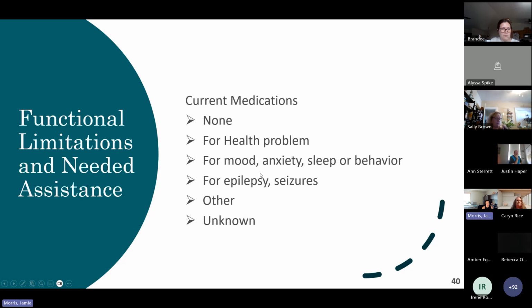We have many individuals on our services and supports that have some problems with sleep or anxiety. We are going to choose that, and we're going to write that and their dosage on the line. Again, with epilepsy, if we chose epilepsy or seizures as their additional diagnosis, this definitely has to be addressed.